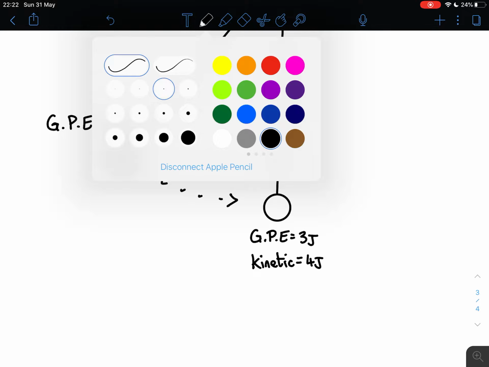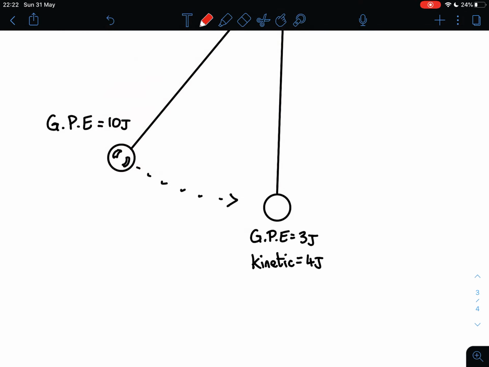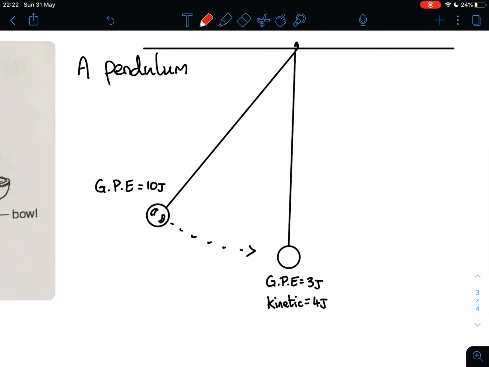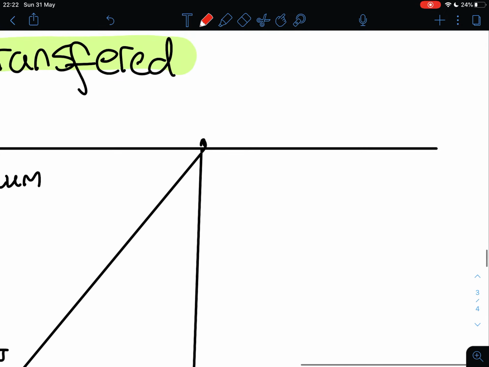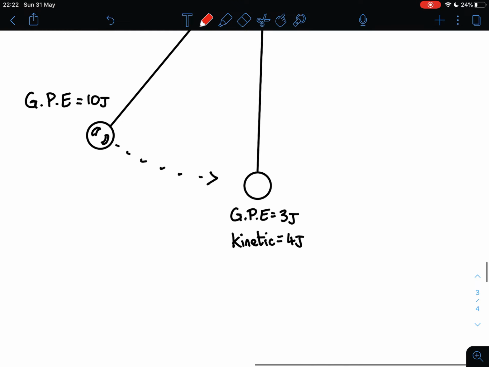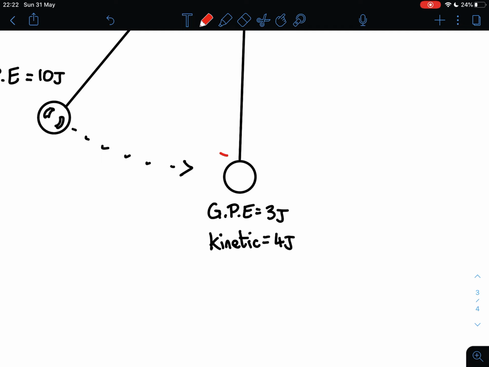Well, the rest is lost as heat energy, and it will be up here where the little hook is, giving off heat, rubbing. That might be 2 joules. And as the ball is moving through the air, it's heating up the air. So thermal will be the remaining, I'm doing it in red for bad, the remaining 3 joules.